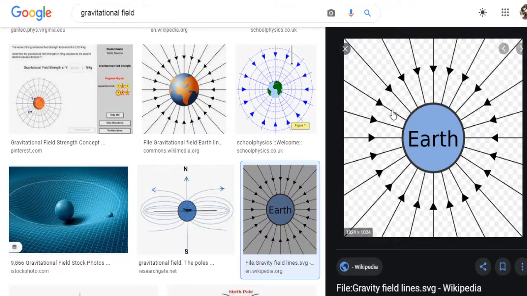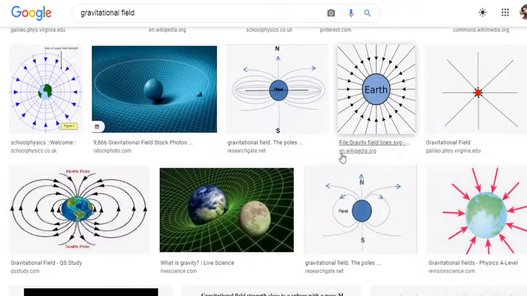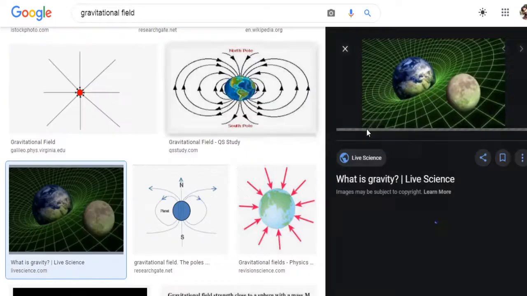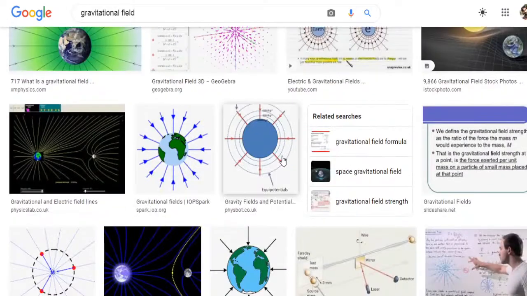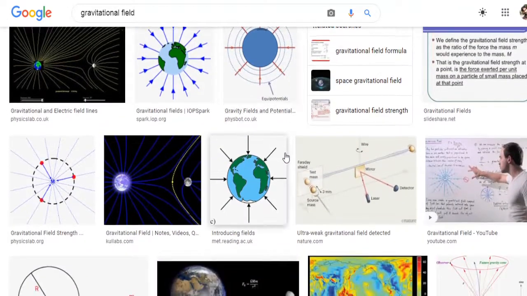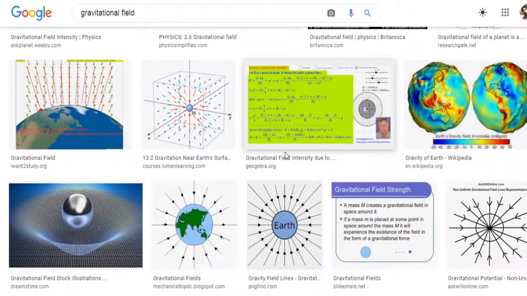Here you see arrows that go toward the body. So this is the gravitational field. This image also gives the idea: this is a massive body, say a planet, and because of the gravitational field it attracts other bodies.